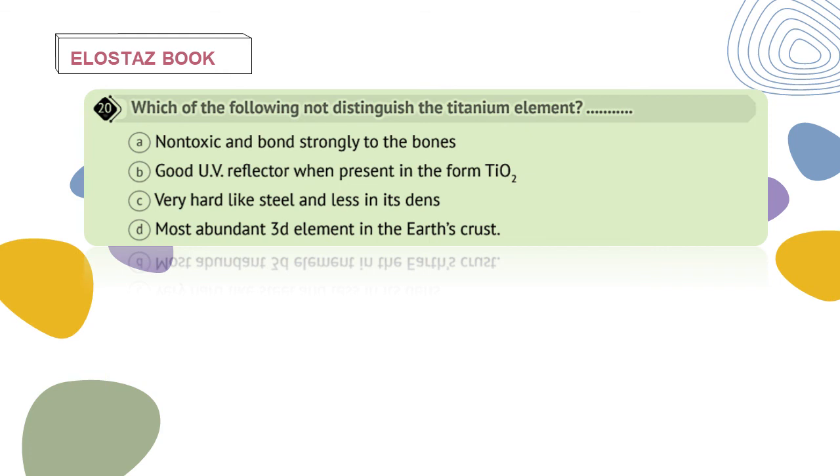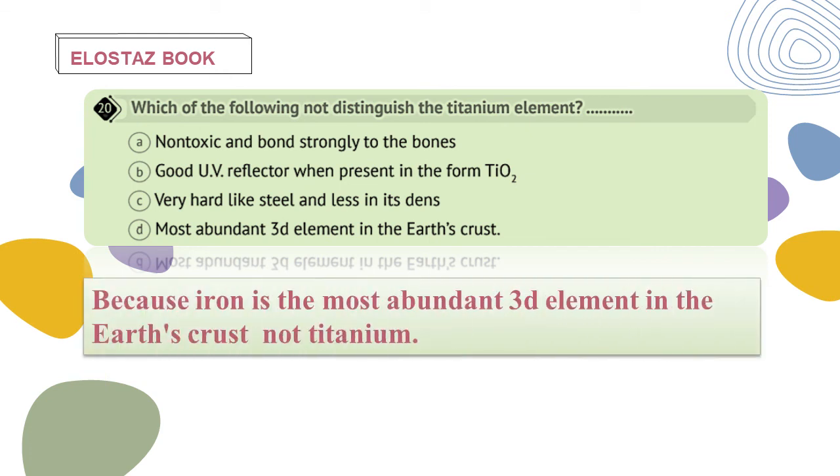And the last one: most abundant 3D element in the Earth's crust. Do you think that is titanium? What about iron? Okay, we have the right answer: titanium is not the most abundant one in the Earth's crust. We have iron.